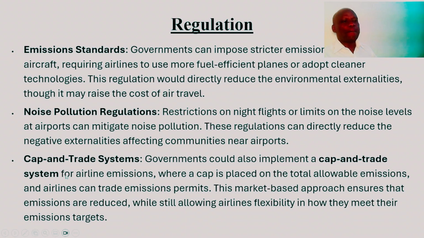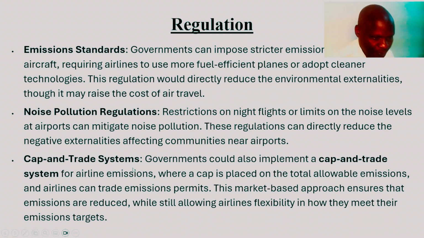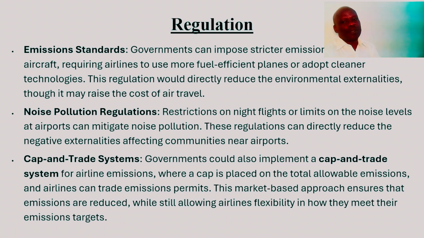Another one is cap and trade systems. Government could also implement a cap and trade system for airline emissions, where a cap is placed on the total allowable emissions, and airlines can trade emissions permits. This market-based approach ensures that emissions are reduced while still allowing airlines flexibility in how they meet their emissions targets.